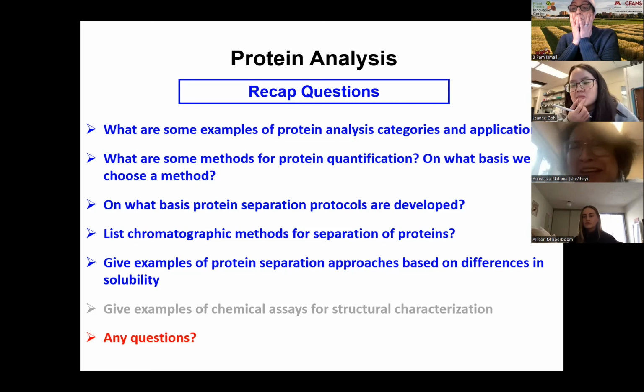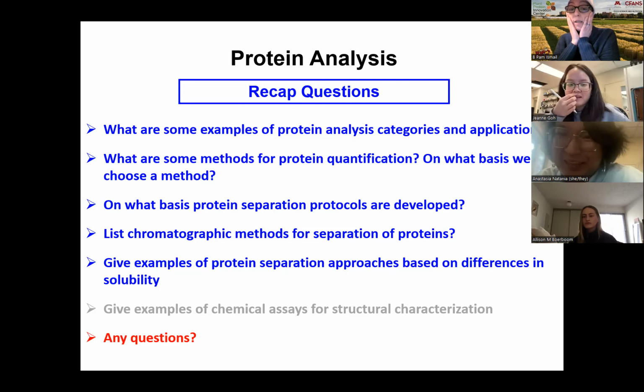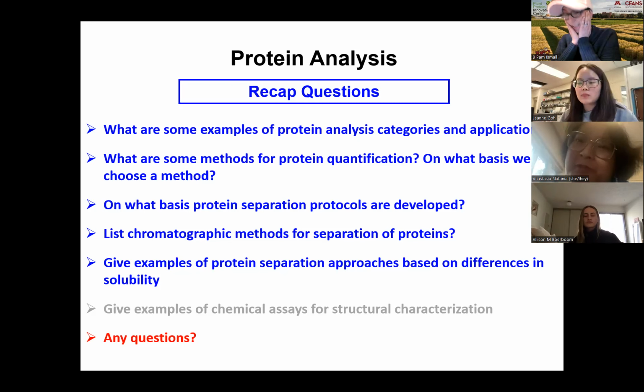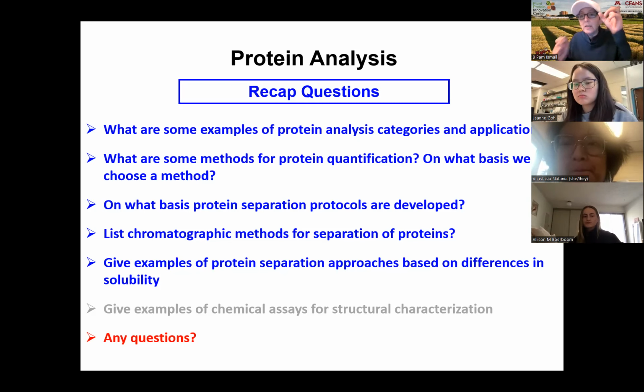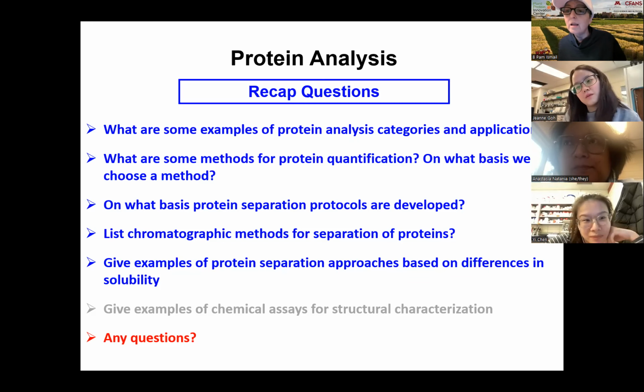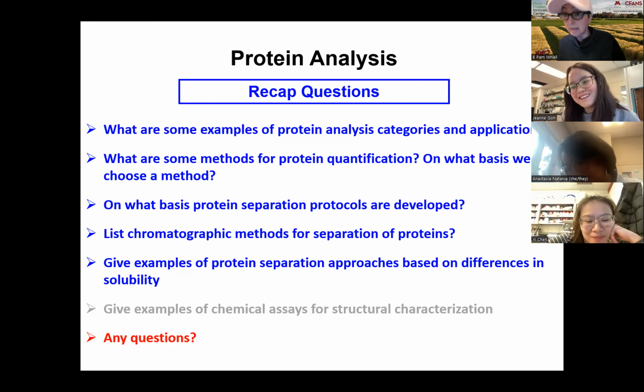Oh, sorry, Anastasia, DSC, it is used for structural characterization, but is it a chemical assay or an instrument assay? Oh, it's more of an instrument. Yes. Okay. A chemical-based assay, then, where you need to add agents and do a lot of wet work. SDS. Okay, SDS. SDS gel, yes. So SDS gel is one.